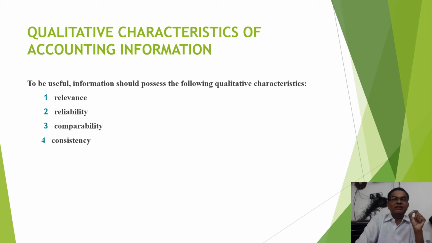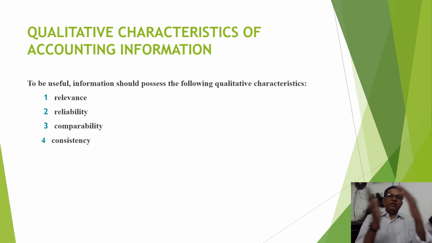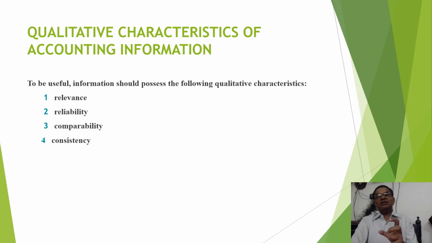It should be perfect and evidenced, and we should be able to compare the accounting information with other years, with other departments, and with outside businesses as well, and there should be consistency. Without it we cannot judge the result, growth, and development of the business. So these are the various qualitative characteristics of business information.